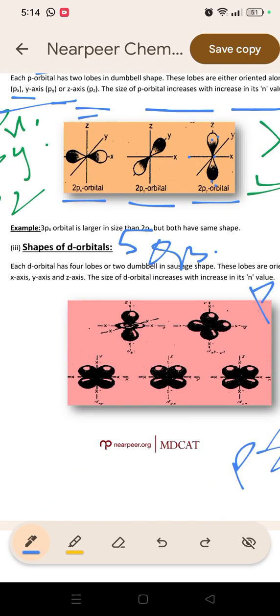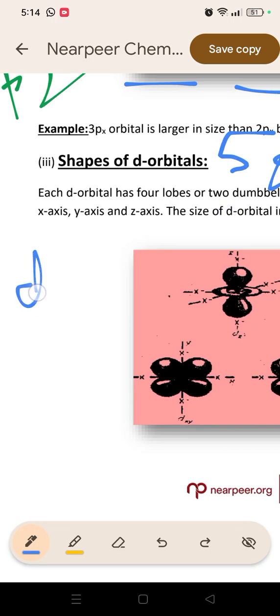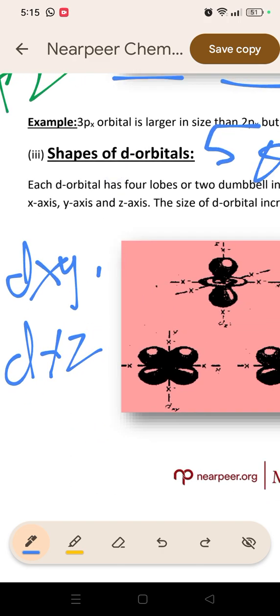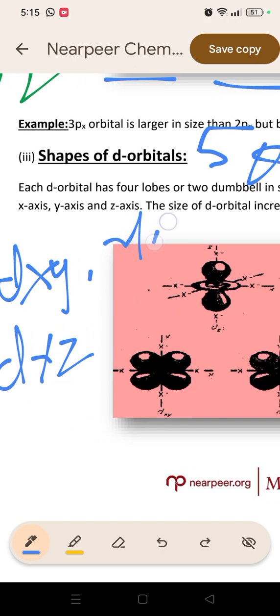So there are 5 orbitals, and they are under the influence of magnetic fields, and they are represented like dxy, then dxz. You need to complete the axes of x, y and z.